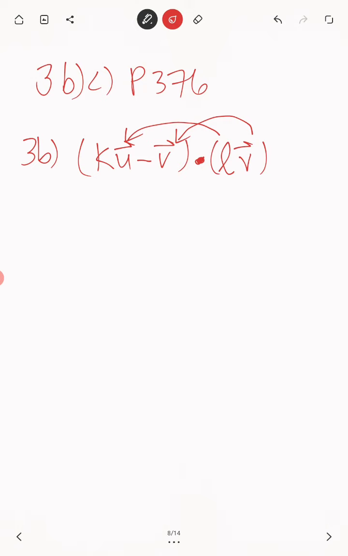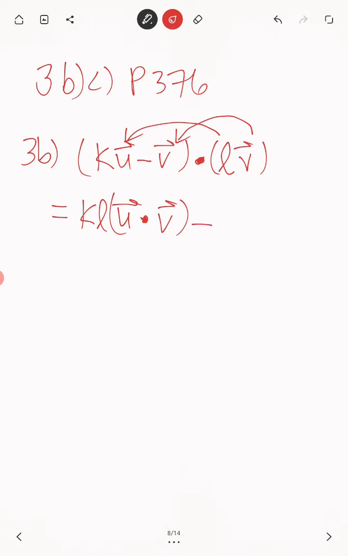If it's easier for you, you can move the LV to the front, but it works the same either way. And so KU times LV would be KL, I'm just grouping the scalars, and then times U dot V. We can't just write UV because we can't multiply vectors normally like we would be multiplying scalars. So we have to write U dot V.